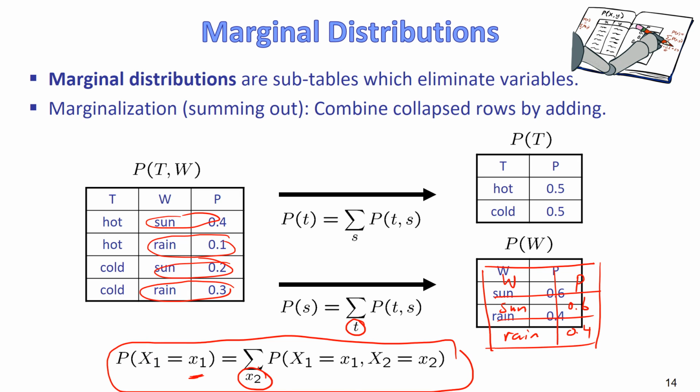So I will sum over x2 for all the joint probabilities of x1 equals x1 small and x2 equals x2 small. So we fix x1 here and we change x2. Changing x2 over all possible values, that's marginalization.